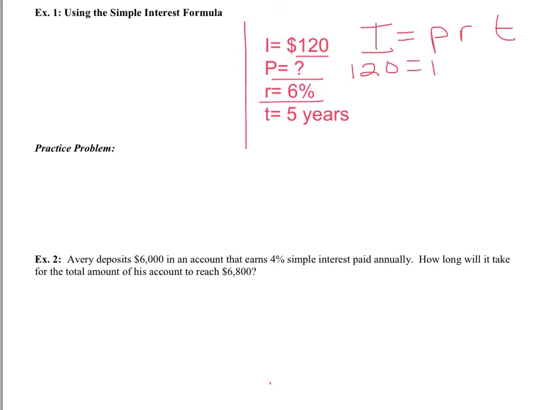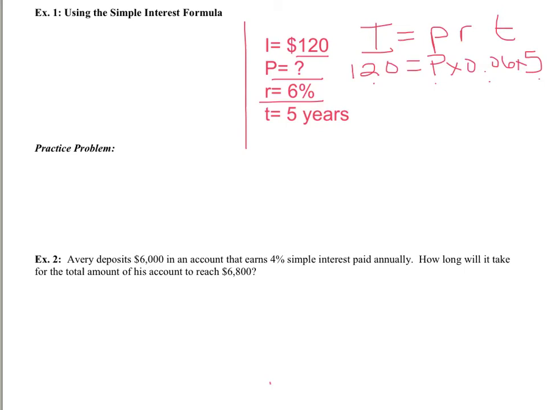My principal was my unknown, so I'm just going to leave that as a P. And I'm going to times it by my percentage rate as a decimal, and then times 5 years. Okay, that's not pretty, but I have everything down. So my interest is 120, my principal is unknown, my percentage rate is 6%, and my time is 5 years.